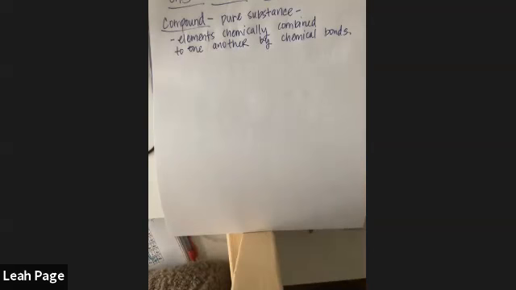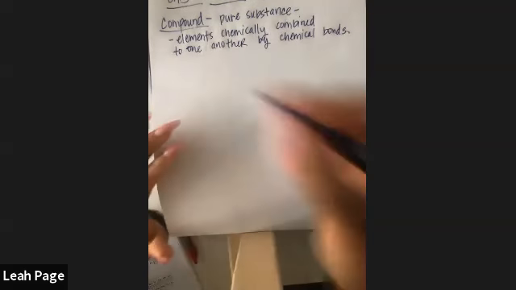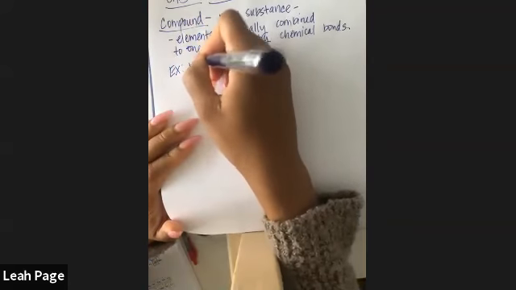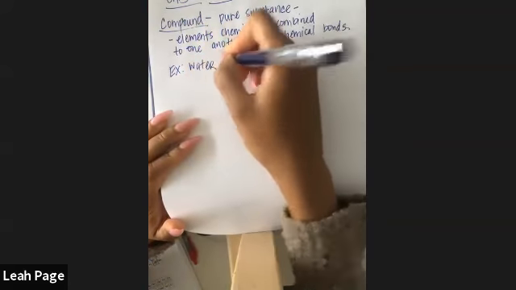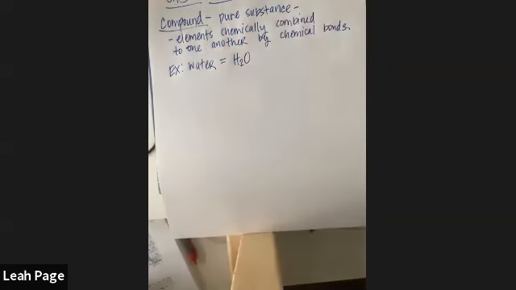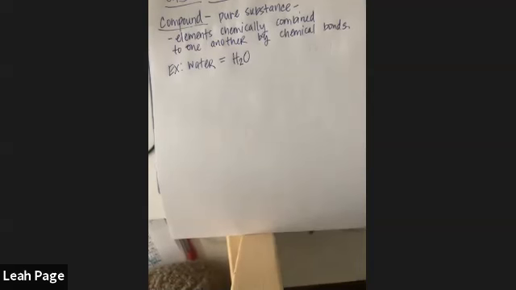And we're going to talk about the different types of compounds and then how we name these different types of compounds. But just an example, water, for instance, is a compound, and the formula for water is H2O. So when we talk about compounds, we represent them with what is known as formulas.